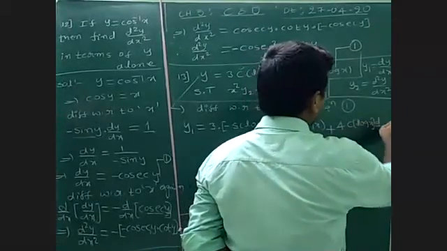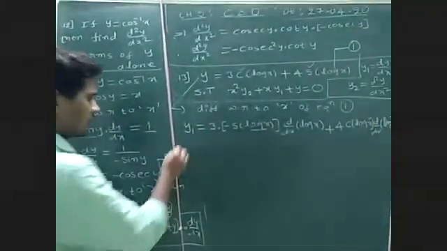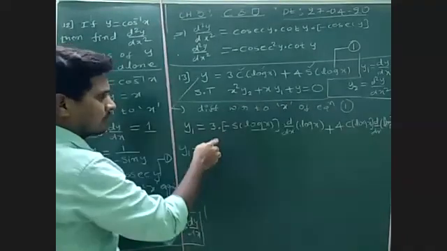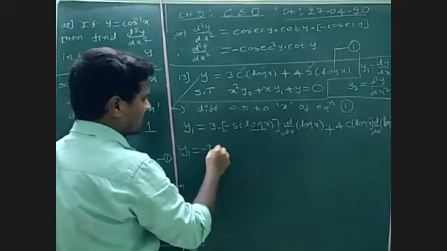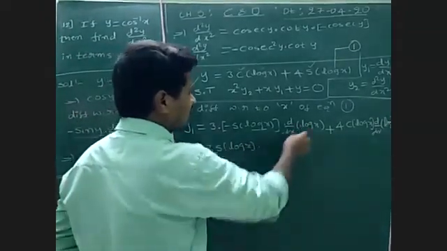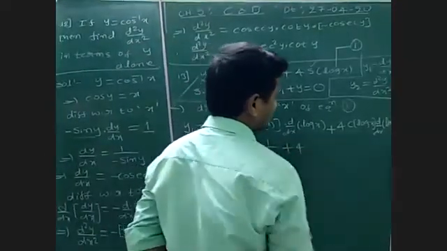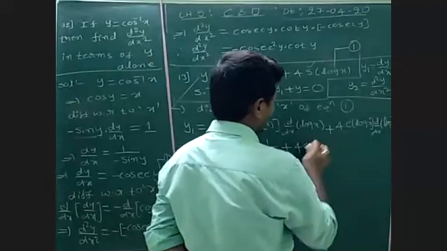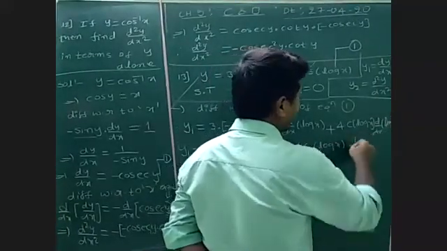Now, d by dx of log x. So y1 is equal to 3 into minus 3 sin log x. What is the derivative of log x? 1 by x. Plus 4 cos log x. Again log x derivative is 1 by x.